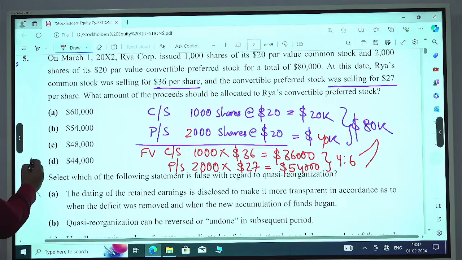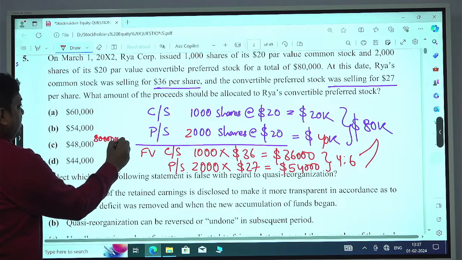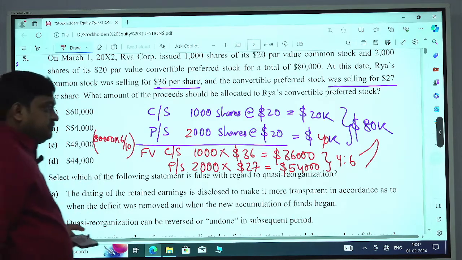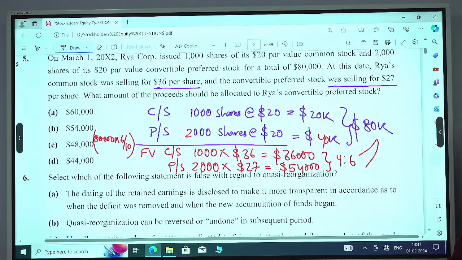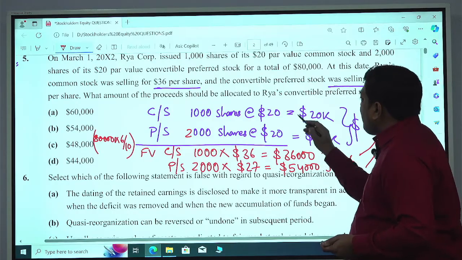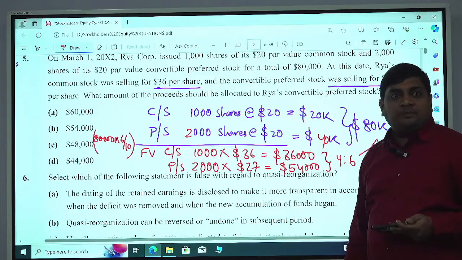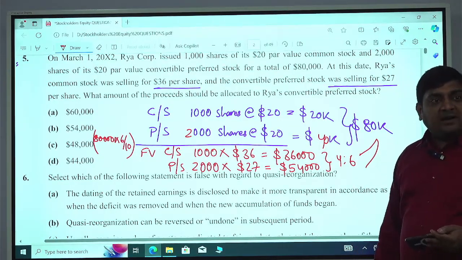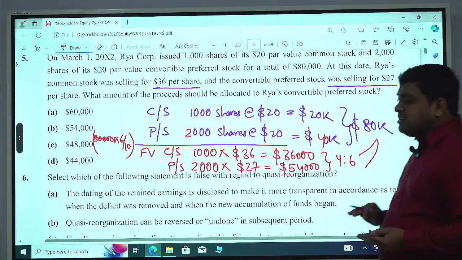So 80,000 into 6 by 10. That is 48,000. If I see the par value, the total par value is 20,000 for common stock, 40,000 for preferred stock. That totals up, but the consideration received is 80,000.